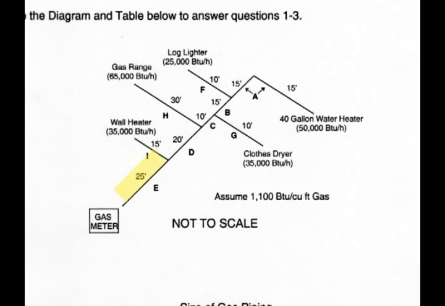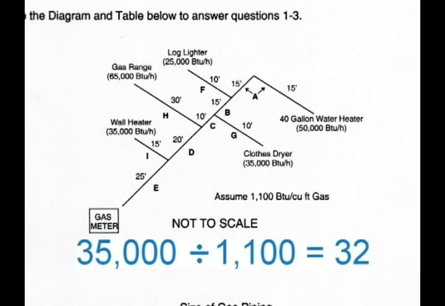We add 25 and 20 and 10 and 10 again. We come up with a length of 65 feet. And the BTUs are 35,000 per hour used by the clothes dryer. And we take that 35,000 and again we divide it by 1100. We'll end up with 32 cubic feet per hour.